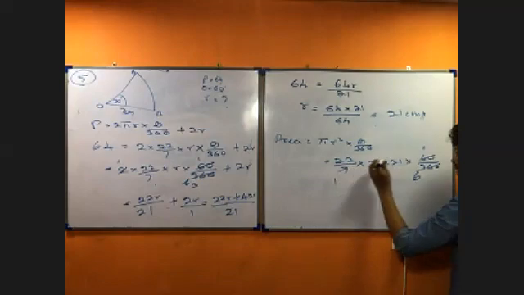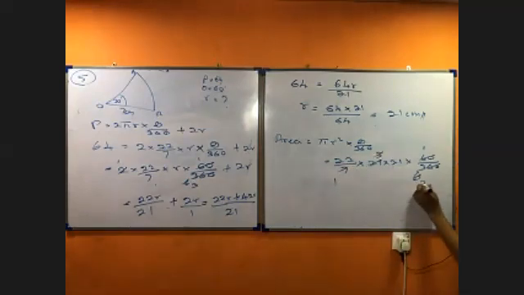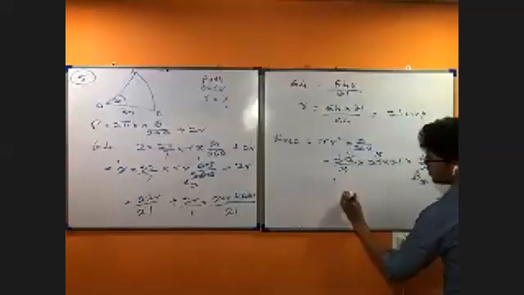So we have 1, we have 3, we have 1, we have 2, we have 1, we have 11. So 11 times 21.